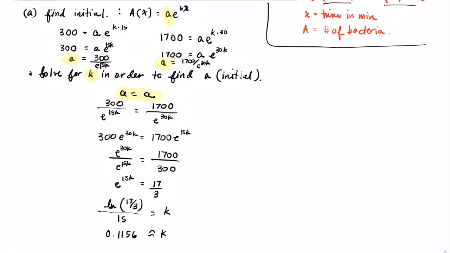So at this point, we can go ahead and go to the part where we can solve for a. If a is equal to 300 over e to the 15k, then I know a can be 300 over e to the 15 times 0.1156.